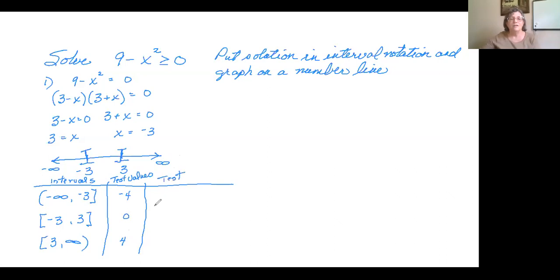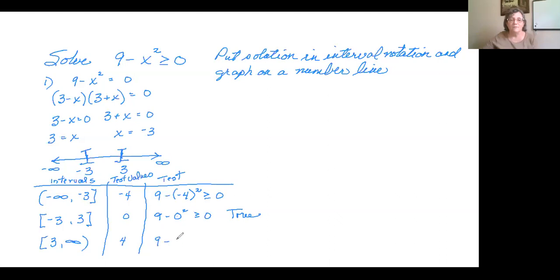So to run the test, I've got negative 4: 9 minus negative 4 squared, I'm looking for greater than or equal to 0. And then for 0, I've got 9 minus 0 squared is greater than or equal to 0. This is true, right? It's going to be 9 is greater than or equal to 0.